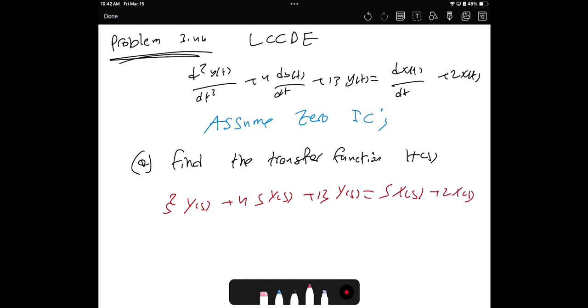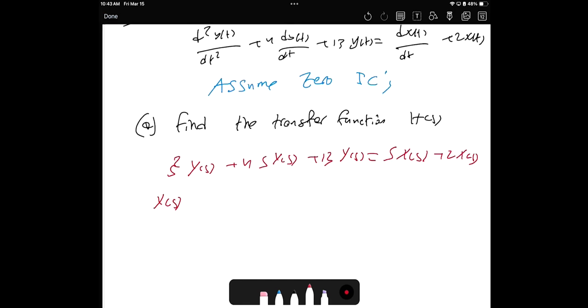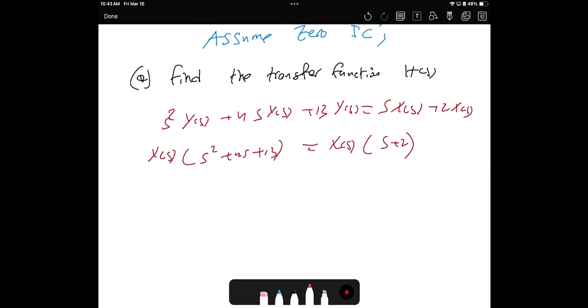You see, it's easy. Now take y of s as a factor, then it will be s squared plus 4s plus 13, and x of s as a factor will be s plus 2. So let's make it y over x, so y of s over x of s is the same as h of s, which is the transfer function. Then it's going to be s plus 2 over s squared plus 4s plus 13. Okay?